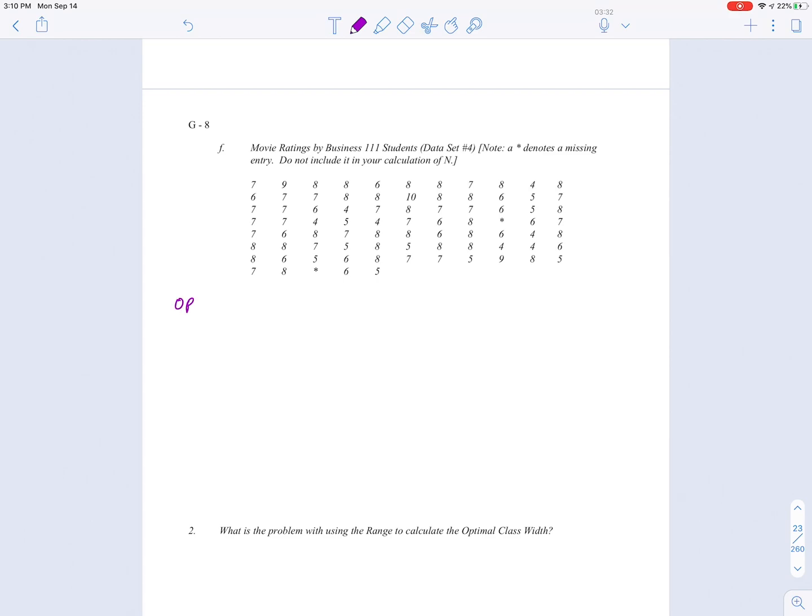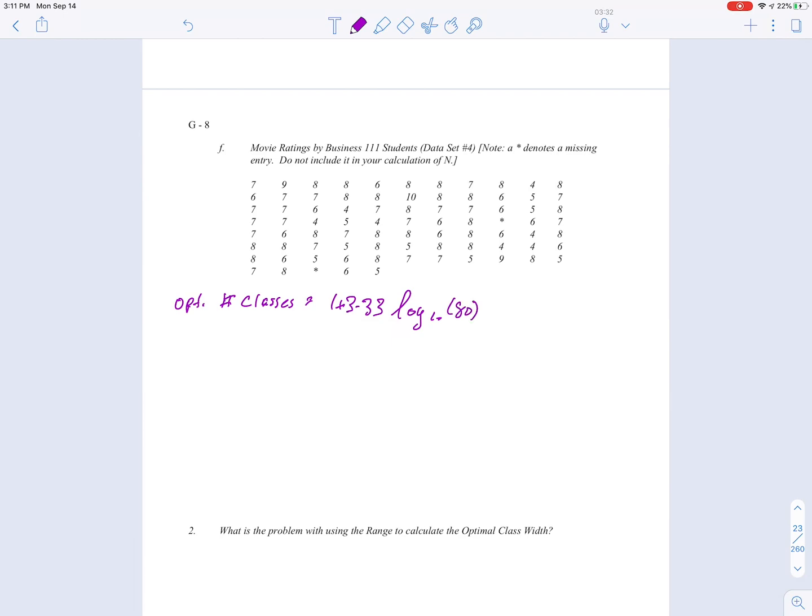So we would say here then the optimal number of classes is equal to, what do we got here? 1 plus 3.33 times the log base 10 of 80.